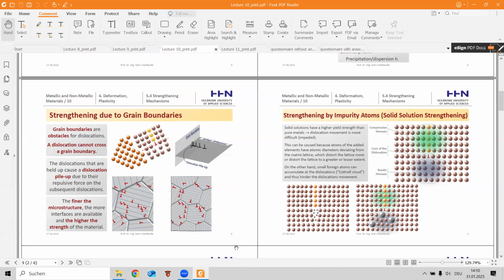Dislocations are held up because of the repulsive force of the subsequent dislocations. Here, with a slip plane, grain boundary, dislocation pile-up. The finer the microstructure, the more interfaces are available, and the higher the strength of the material.